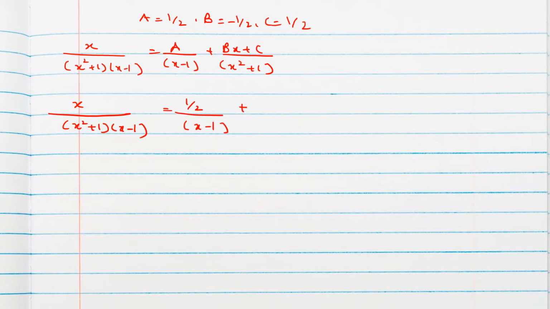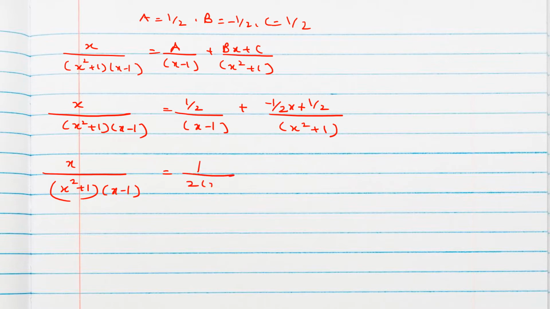Here B is minus half x plus half divided by x square plus 1. So 1 by 2(x minus 1) we can write, and here also half we can take common, so the remaining term will be 1 minus x, and x square plus 1.